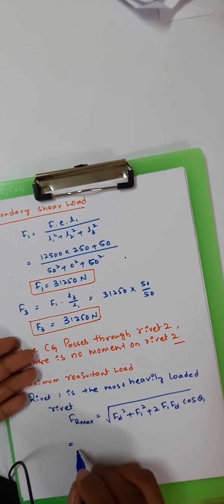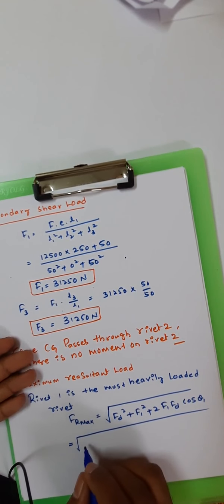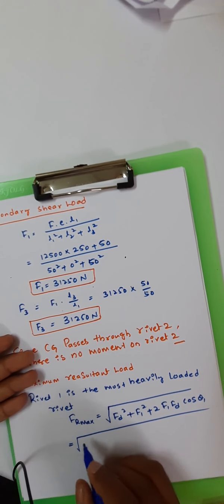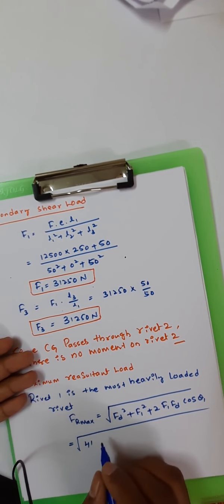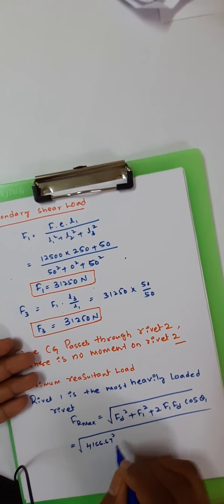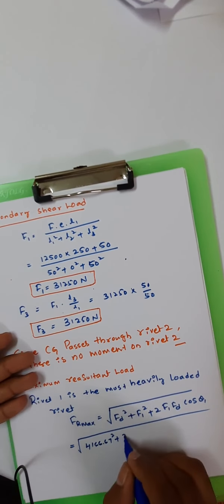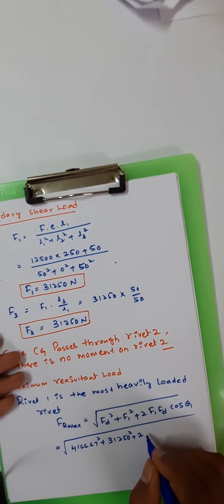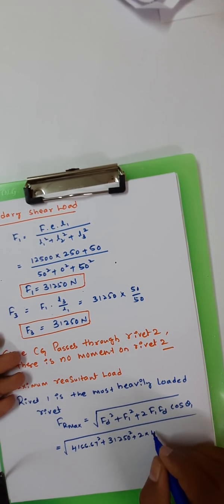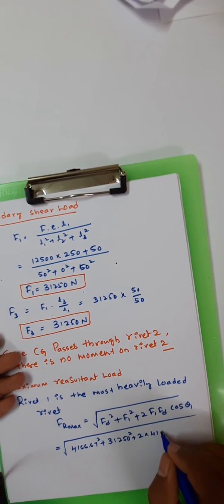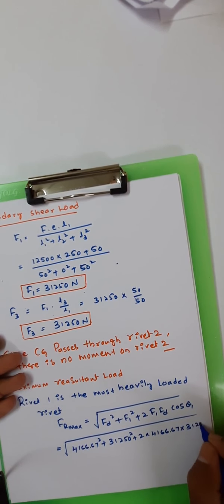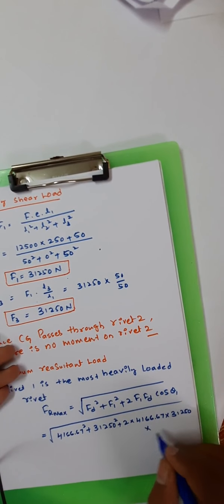So substitute all the values into this equation. Fd, the direct shear load on each rivet, is 4,166.67 square, plus the value of F1, that is 31,250 square, plus 2 into F1 and Fd, that is 4,166.67 into 31,250, into cos theta 1.